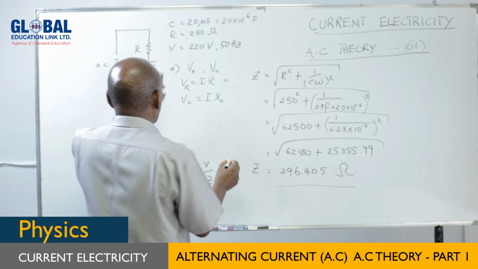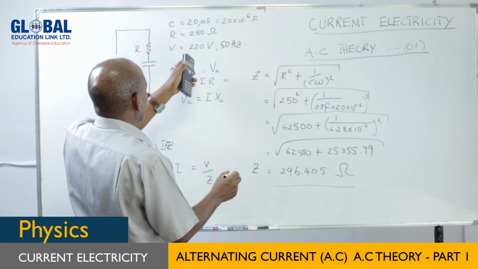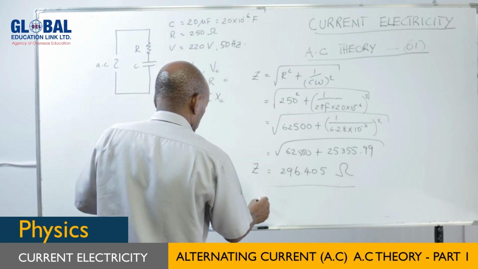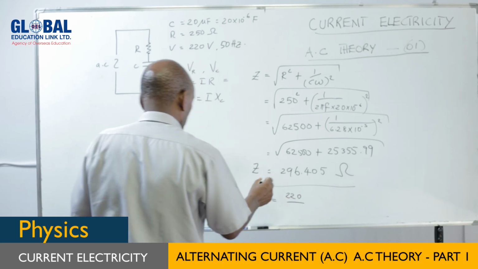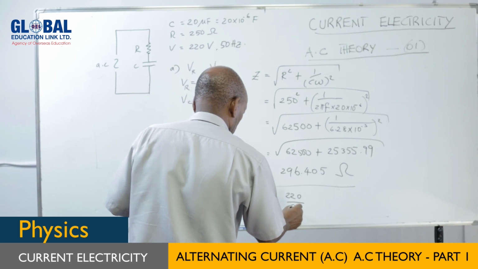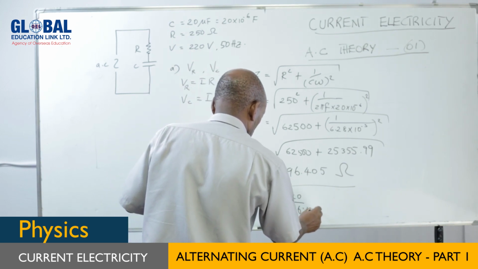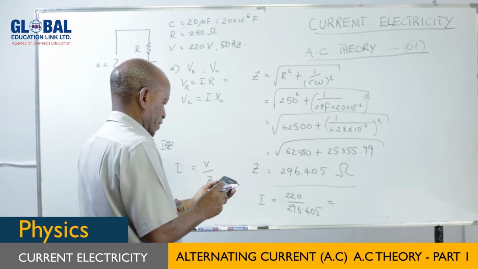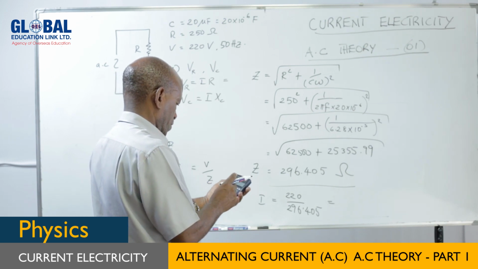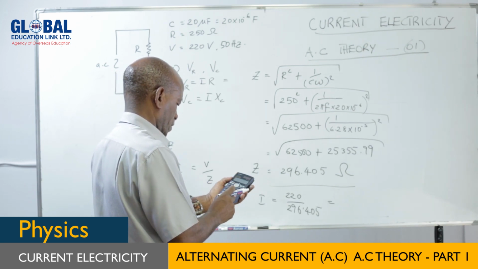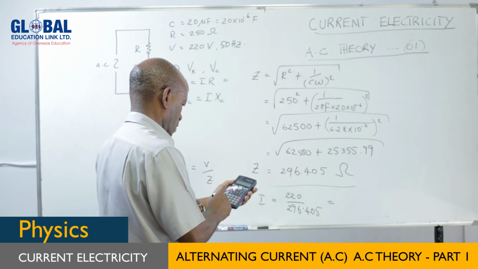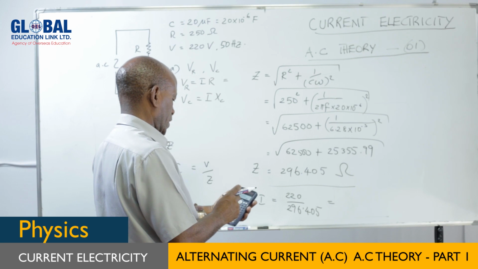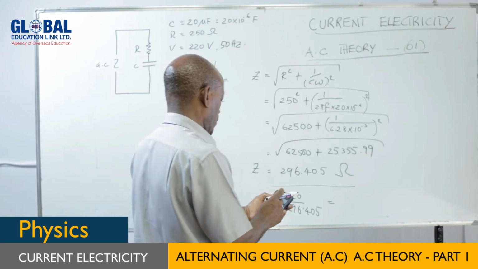The total voltage is 220, and we divide by the total impedance, which is 296.405, to get the current. I'm getting the current to be equal to 0.7422.